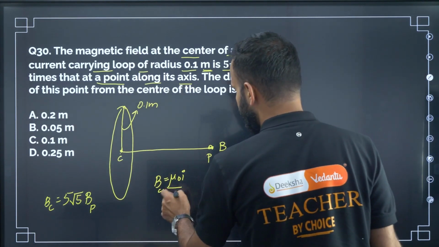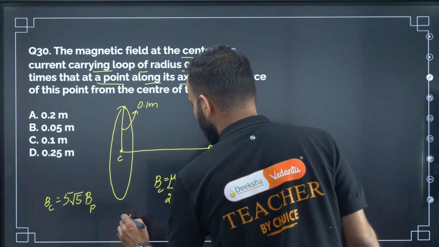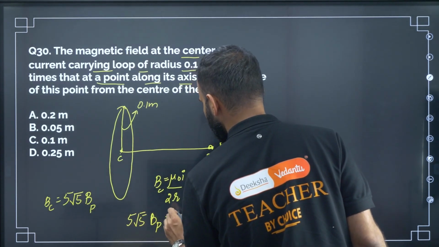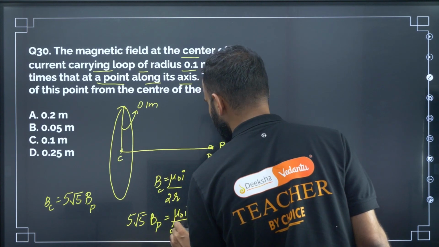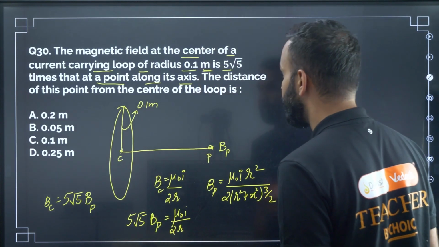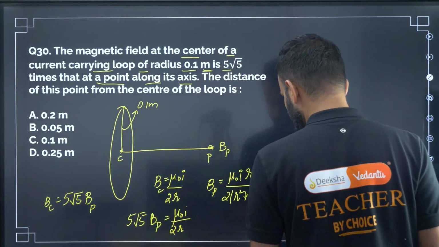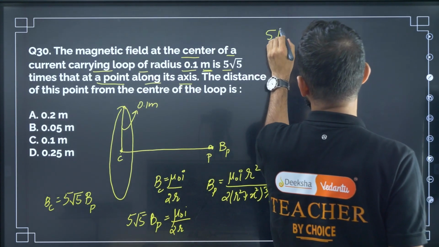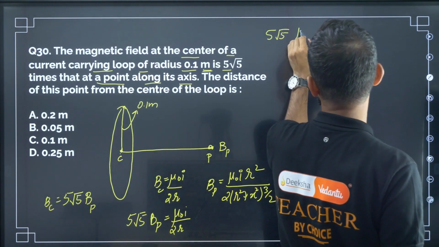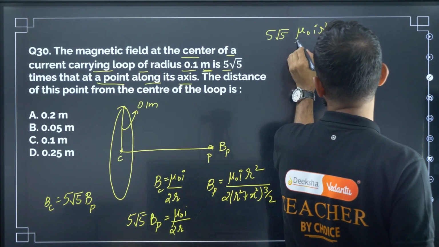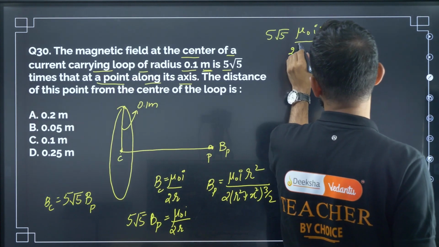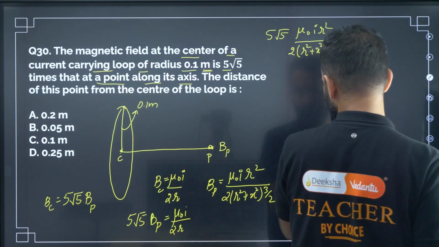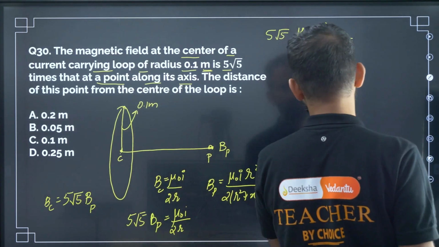Now I can rewrite this equation as BC is 5 times root 5 BP, which is equal to mu naught I divided by 2R. BP is mu naught I R square divided by 2 into (R square plus x square) to the power 3 by 2, equal to mu naught I by 2R.